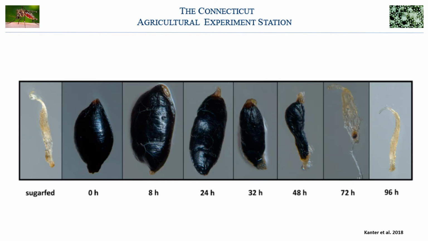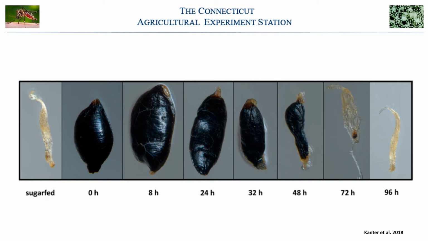And this is quite evident when you just look at the gut and what's happening. When you have a sugar-fed mosquito, you see a very translucent, thin membrane or tissue inside the gut. But when you take a blood meal, this tissue expands to about 10 times its size. The mosquito becomes much heavier, and it has to quickly digest this blood meal so that it can escape predators and fly.